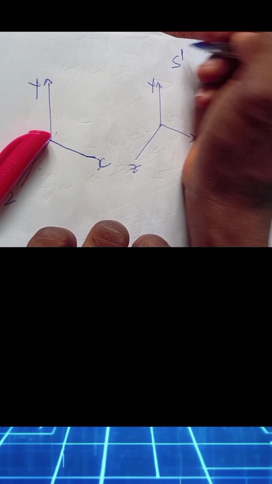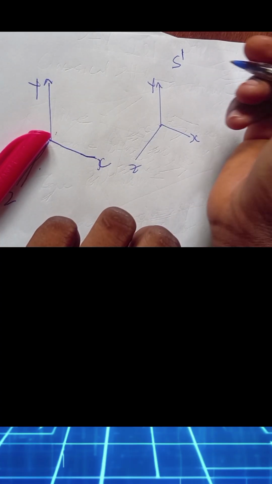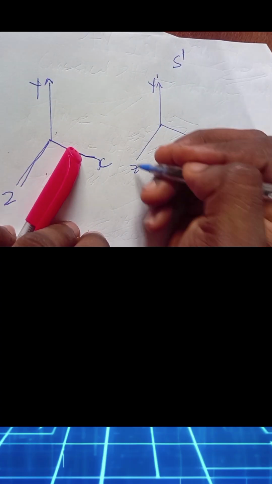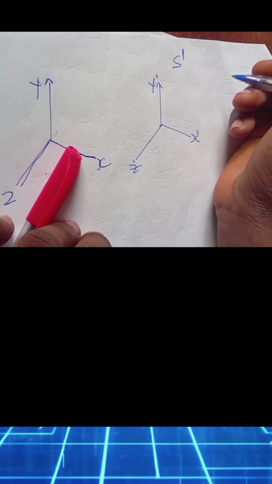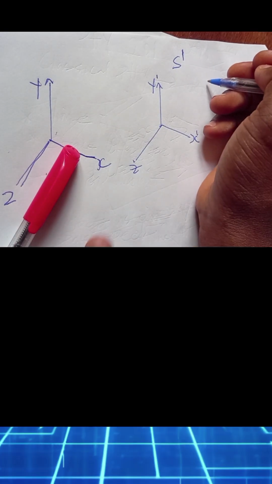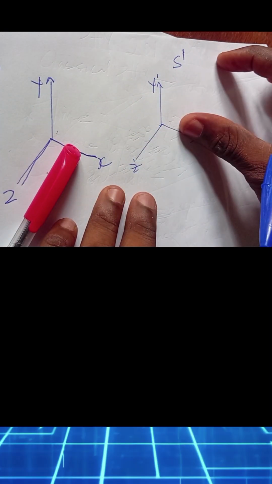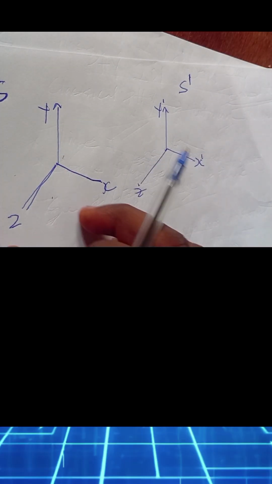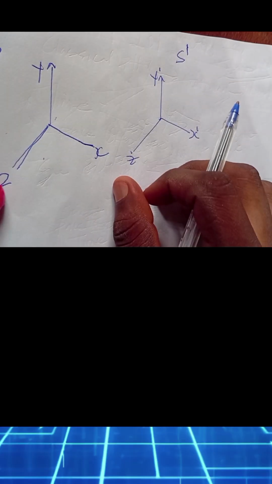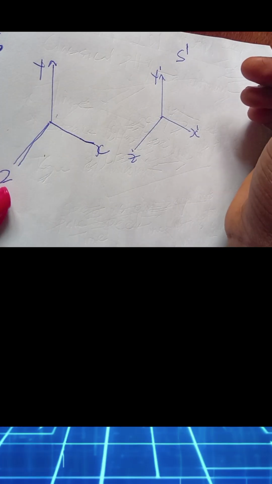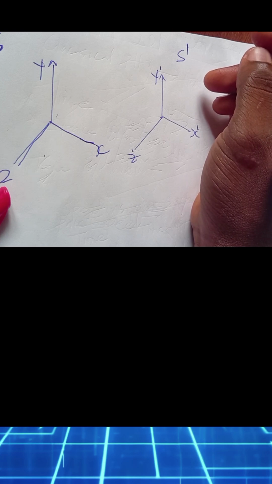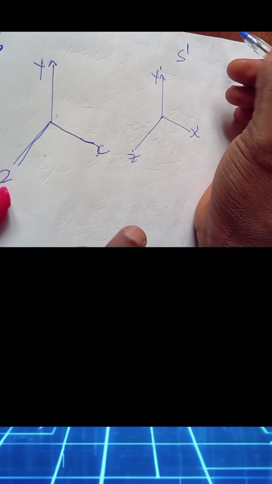So it has x prime up here, and y prime and z prime will also have prime. What does it mean? The one that has prime is moving, while the one that doesn't have prime is stationary. Now I will be bringing out the equation of the Galilean transformation, and I will also write the inverse Galilean transformation.